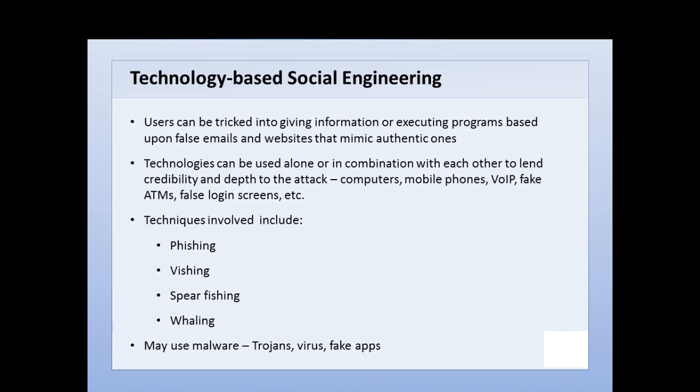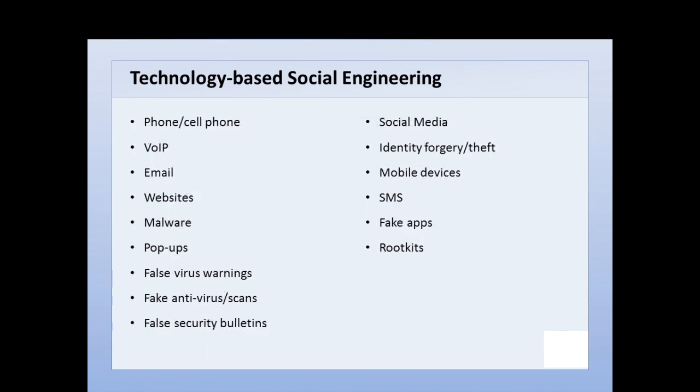And obviously, hackers can also use malware and get users to execute that. Trojans, viruses, fake apps on their mobile devices are even out there as well. And these are just some of the attacks in no particular order that a hacker could use and execute against people using technology. We've talked about several of these already.